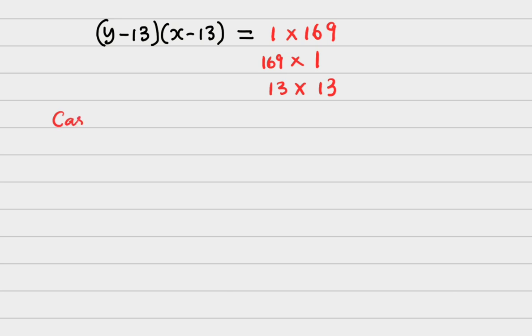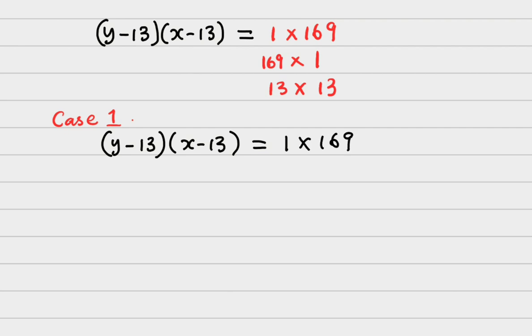So we have case 1. The first case is y minus 13 into x minus 13 equals 1 times 169. By virtue of position, we could say that y minus 13 is equal to 1, which implies that y is equal to 13 plus 1, which is 14.